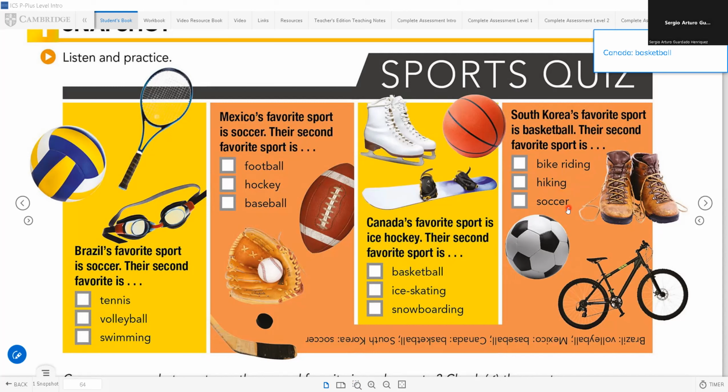Very good. South Korea, the pronunciation. Biking, you see the bicycle. Hiking, you see the boots. Soccer, you see the ball.